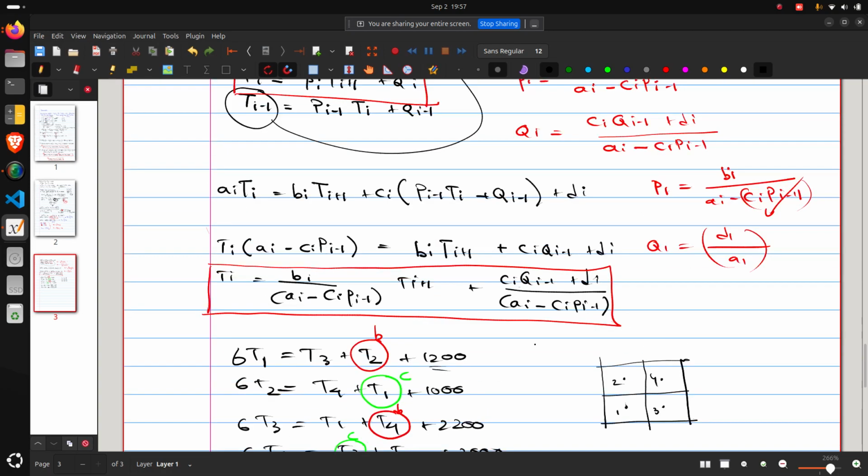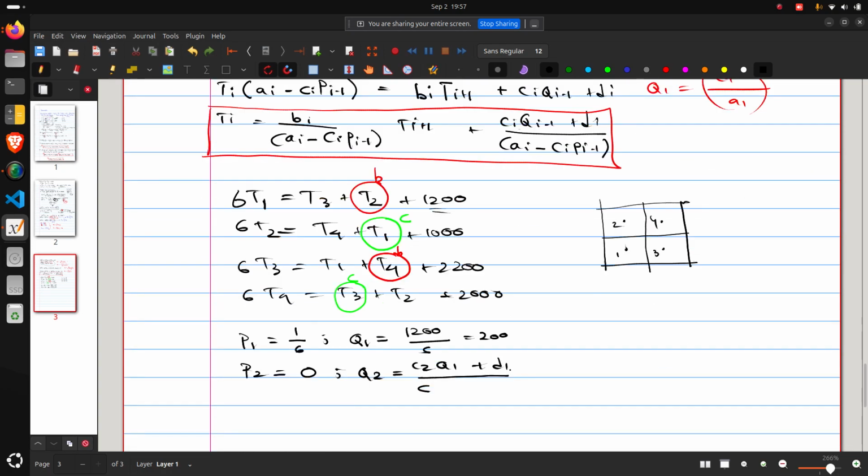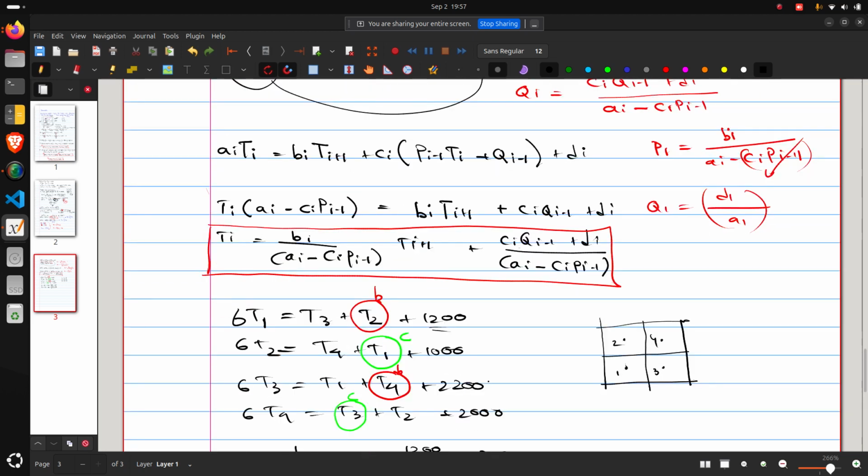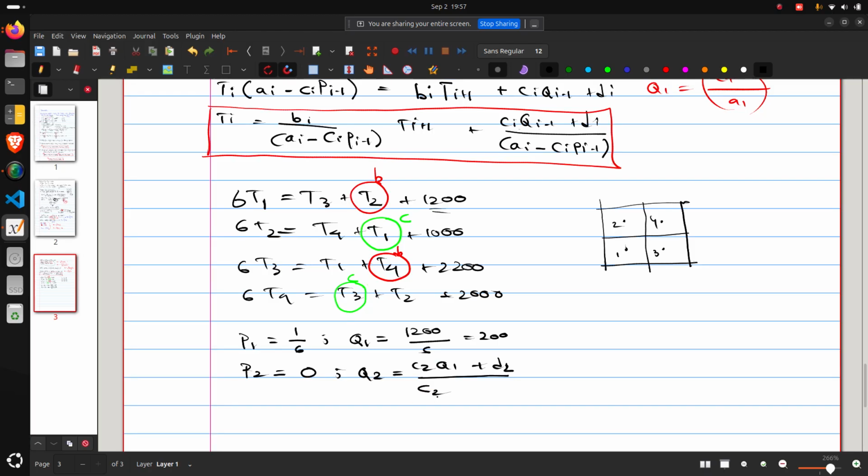Okay, so sorry, this will be D2, A2 - C2P1.